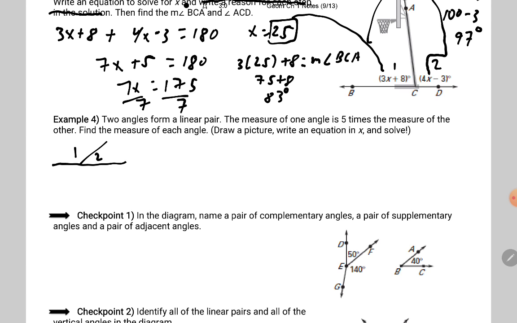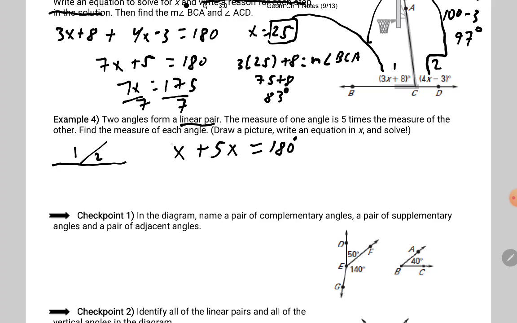So that means one angle, let's call it x, and the other is 5 times bigger. And then they add up to 180 degrees because it's a linear pair. They add up to a straight line.